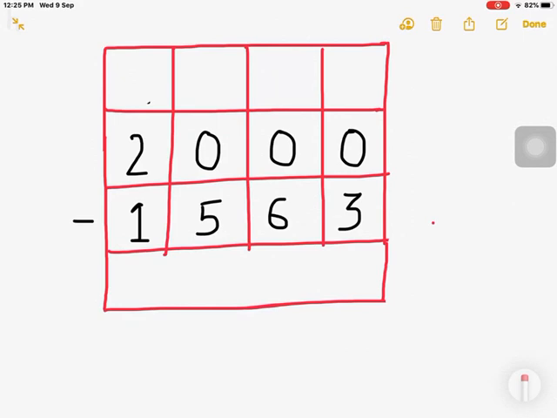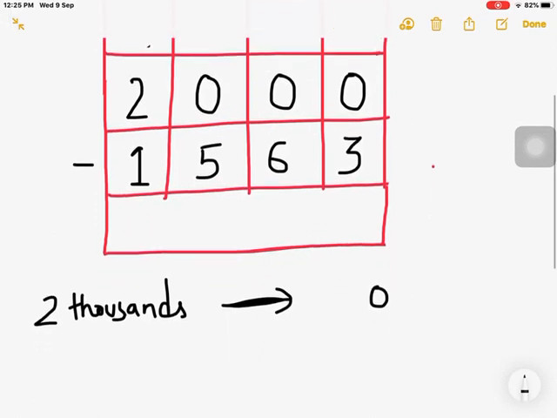So in the 1000 place there is 2, that means 2000, isn't it? And we have 0 in the 100 place. It gives 1000 here, so it remains 1000, because it gives to the 100 place.